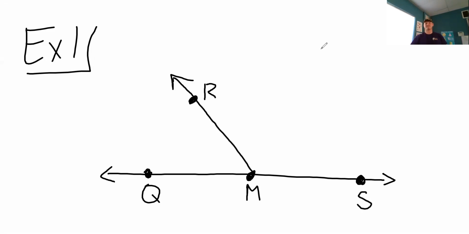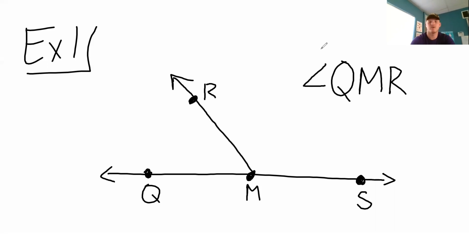Okay, great. Here's the thing. So up here, up front, here's a structure that you're gonna see quite a bit. So at each of those vertices, point Q is what we would call that, point M, point R, and point S. So if I were to say angle Q, M, R, what would you think my angle would be?